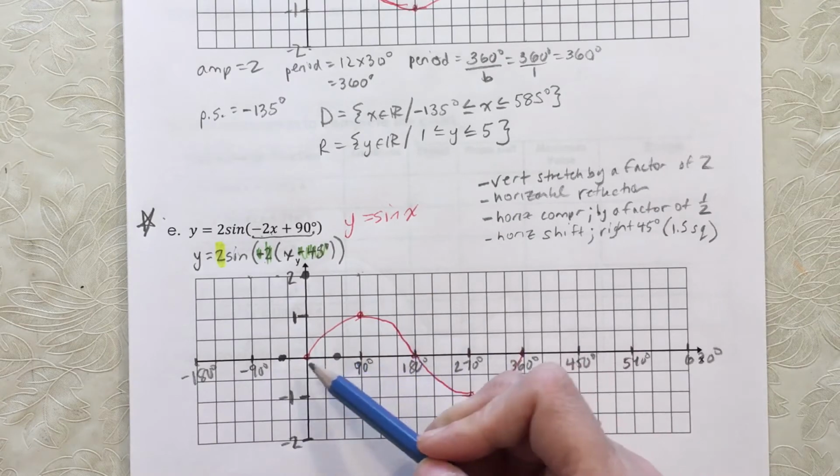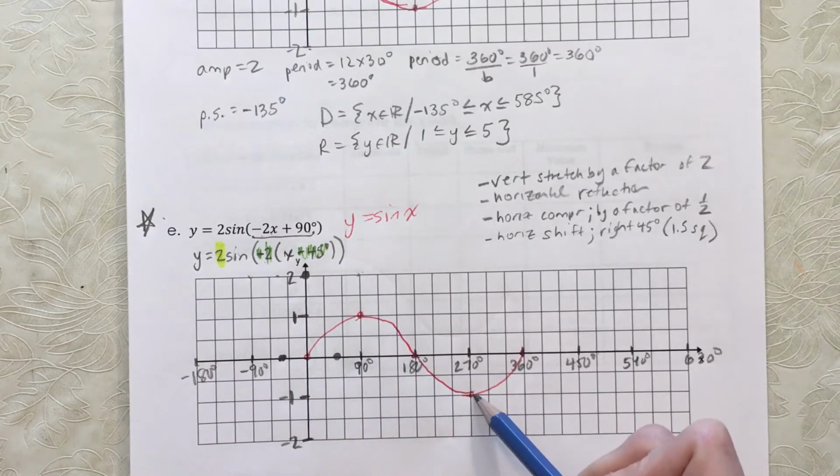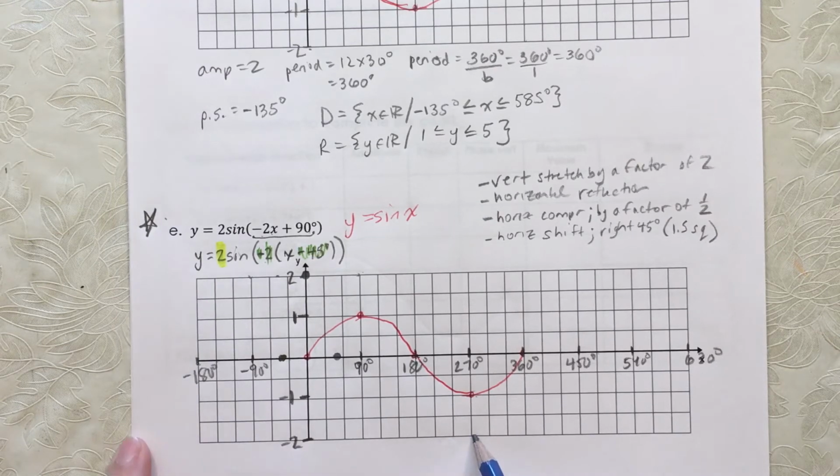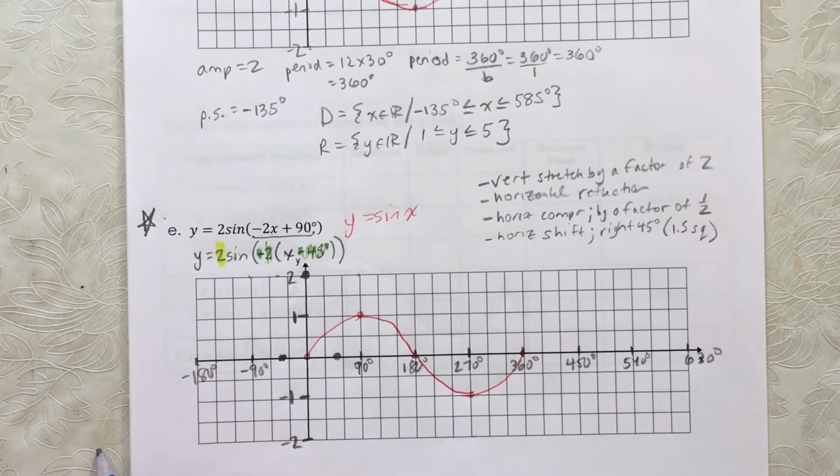So I've done 3 of my points. 270, vertical stretch by a factor of 2 down to here. Horizontal reflection, -270 isn't over here, but I'd be thinking, okay, I'm going over to -270, but then I'm halving that, which puts me at -135. So that's going to be halfway between -90 and -180. That's -135.